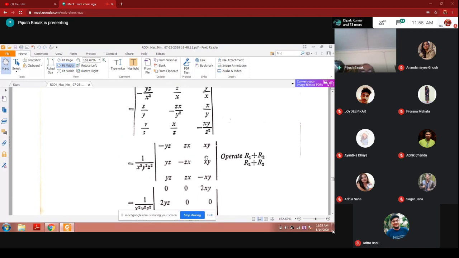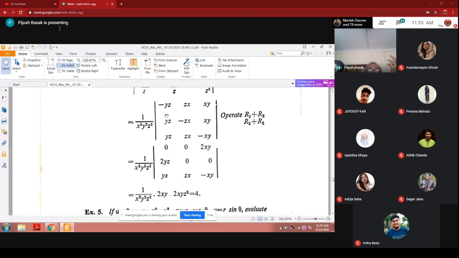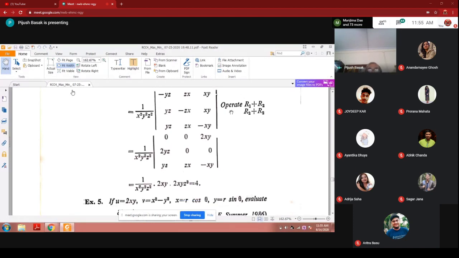Operate R1 plus R2. You can check, no problem. You can directly evaluate this determinant, there is no problem, but they want some simplicity, so they have added this.